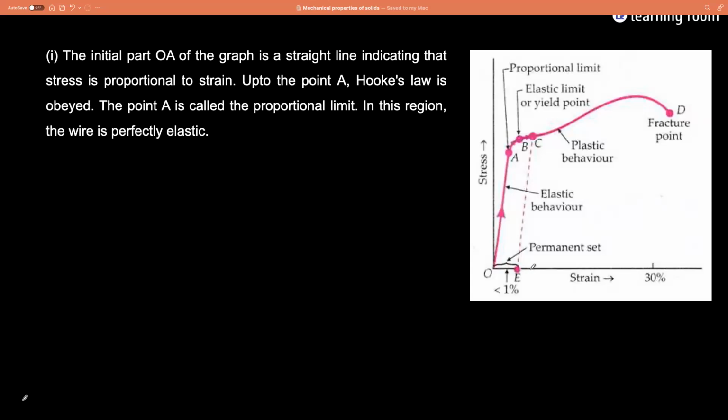It is indicating that it is a straight line, right? Straight line where it is clearly telling us that stress is directly proportional to strain, or I can say stress is equal to E times strain, where that E stands for modulus of elasticity, right?